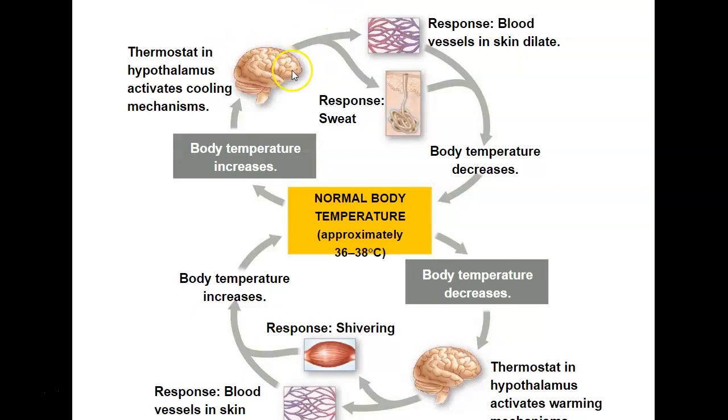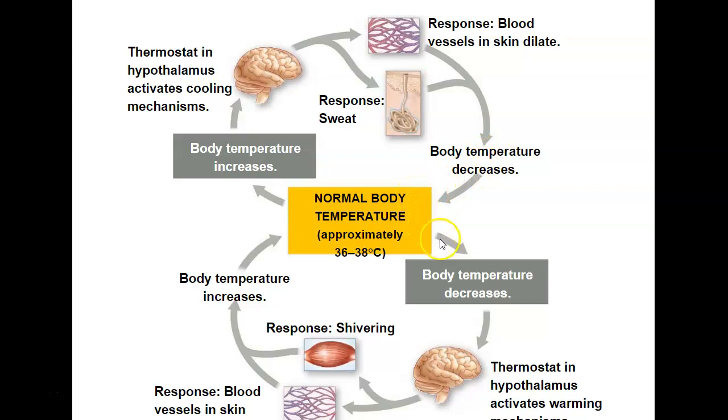So it will cause the blood vessels in the skin to dilate, and when they dilate, it increases the exchange surface for heat to then leave the body. That's oftentimes why you can see the blood vessels in your arms a lot more when you have been working out and you're warm. We also sweat, so we trigger sweat because the evaporation of that sweat will cool us down, and inevitably then we will decrease our temperature back to normal.